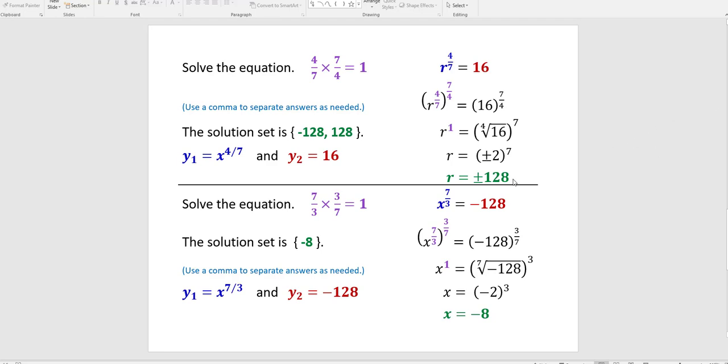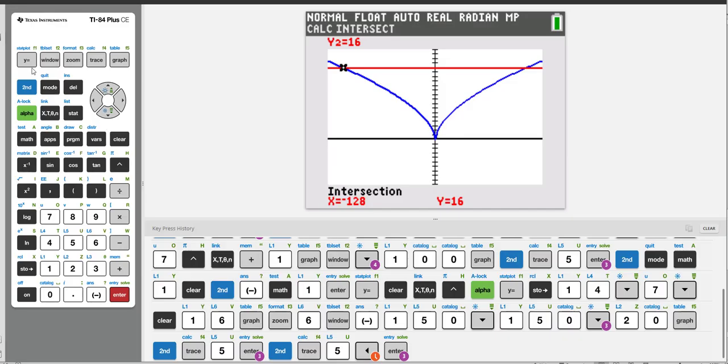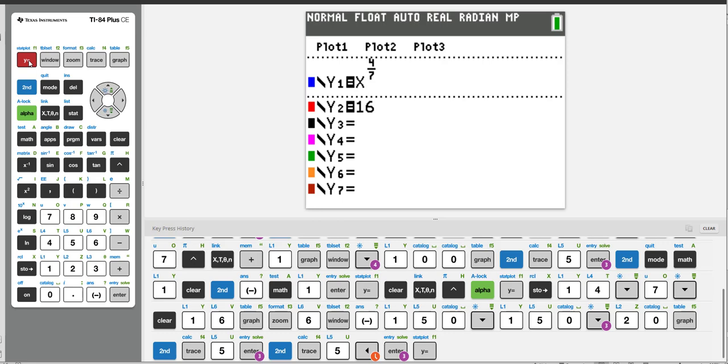Now let's solve the second equation using the TI-84 calculator. Press y equals. Press clear to clear y1. Press X and press the caret key. Press alpha y equals number 1.